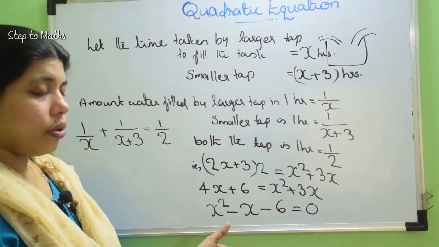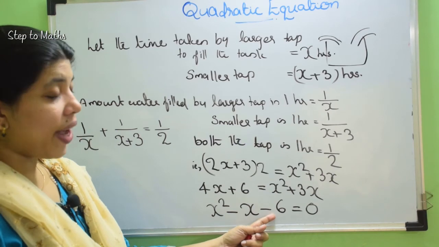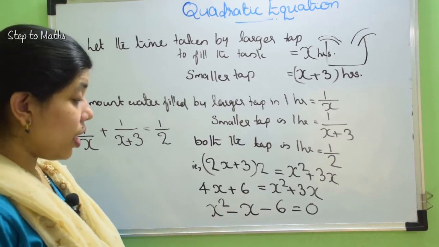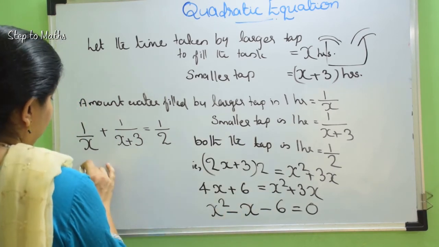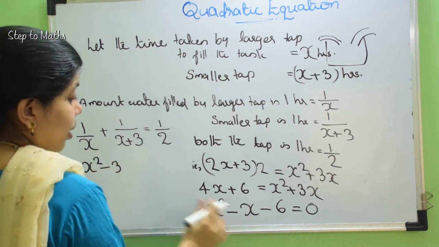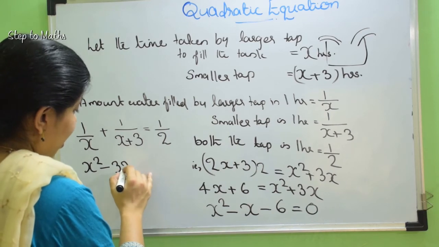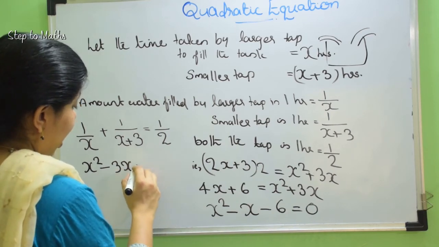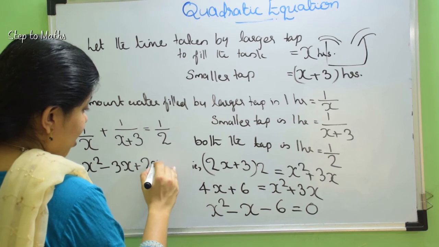For x square minus x minus 6, we need two numbers whose product is minus 6 and whose sum is minus 1. We can write it as x square minus 3x plus 2x minus 6 equal to 0, representing minus x as minus 3x plus 2x.